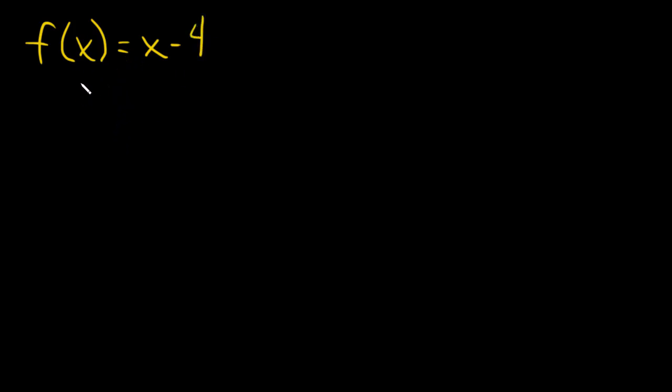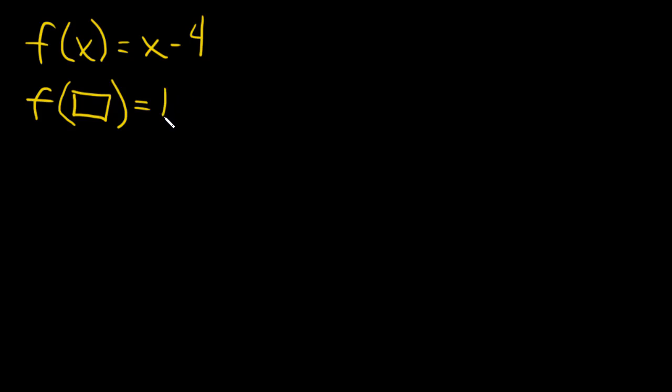One of the ways you can think of the variable when you're solving an f notation problem is that it's just holding a box, and I can put anything into that box. f of x is x minus 4.